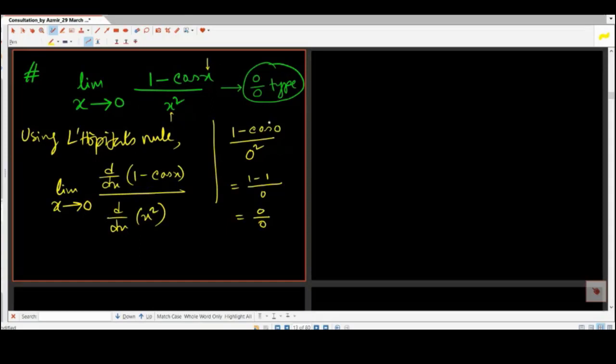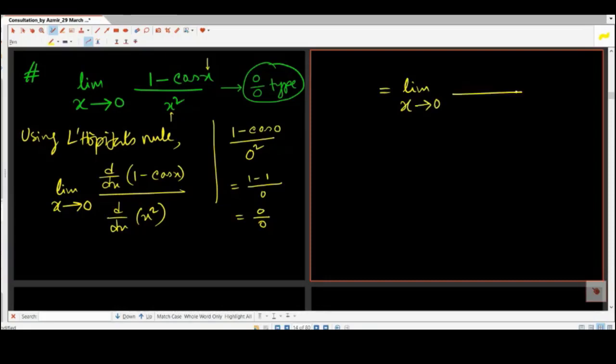So limit x approaches to 0, differentiation of 1 is 0, differentiation of cosine x is negative sine x. In denominator, we have differentiation of x squared. So the result will be 2x.